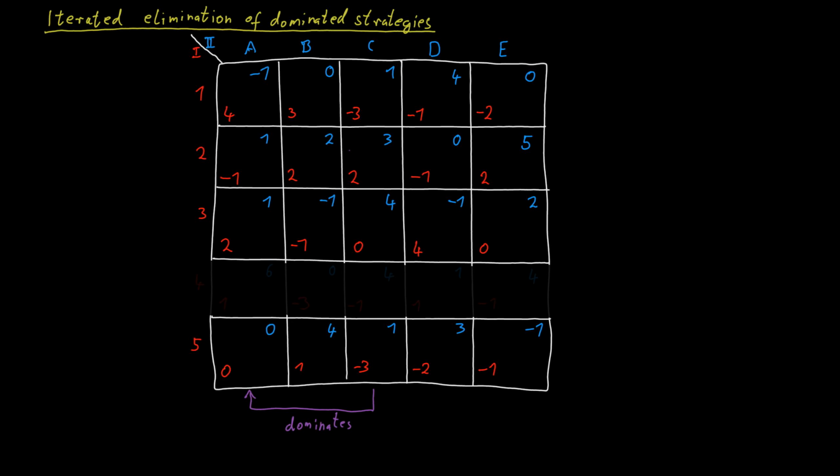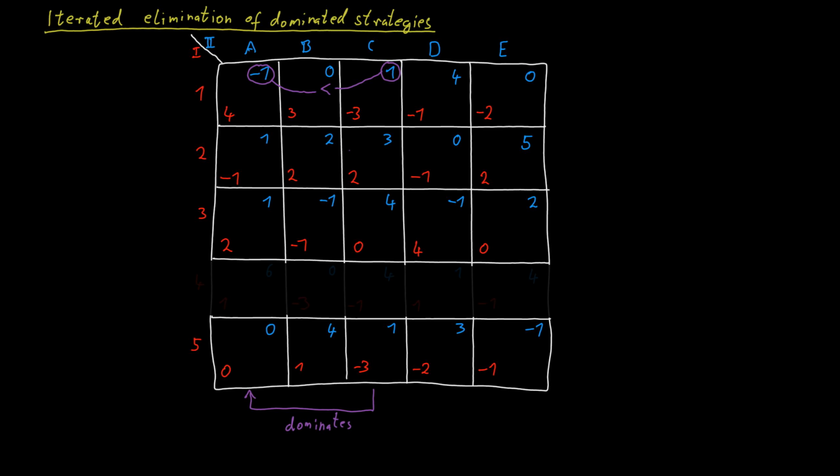So if player 1 picks strategy 1, then strategy A gives player 2 a payoff of -1, which is less than what the player would get by playing strategy C. So strategy C is better here.